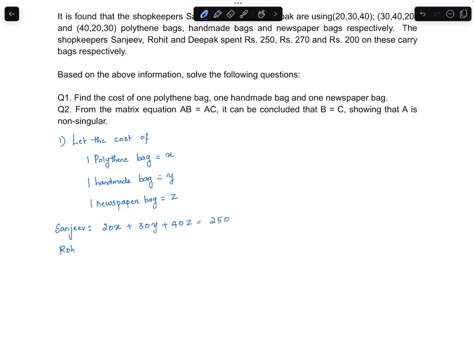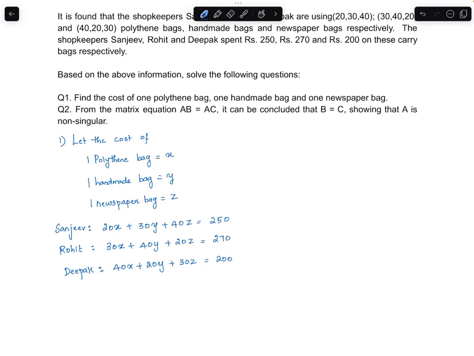For Rohit, the equation is 30x plus 40y plus 20z is equal to 270. For Deepak, the equation is 40x plus 20y plus 30z is equal to 200.